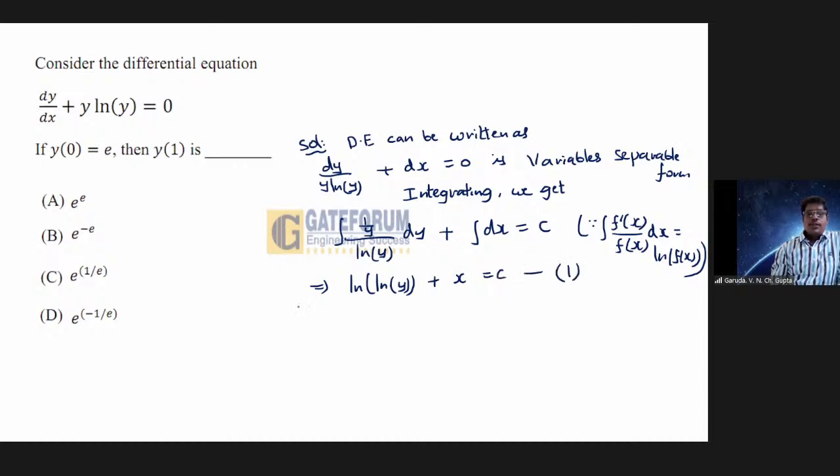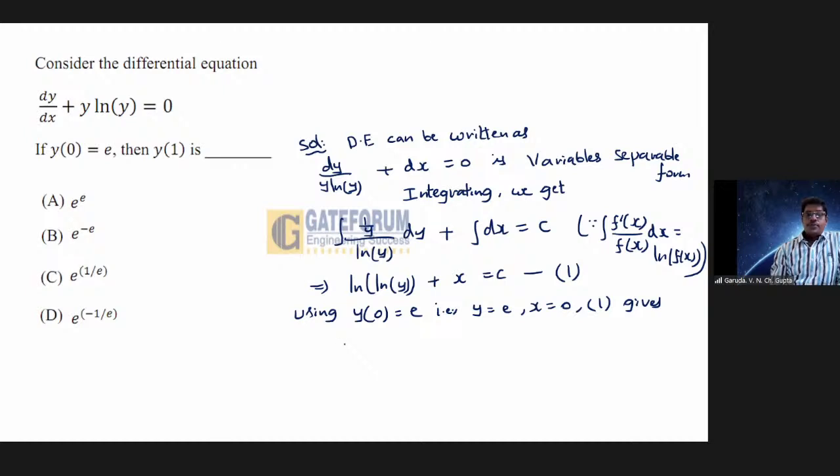Now use the given condition y of 0 is equal to e. That is, y value e when x value 0, gives log of log e plus 0 is equal to c. Log e value 1, log 1 value 0.